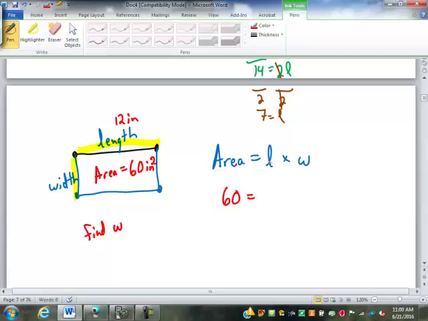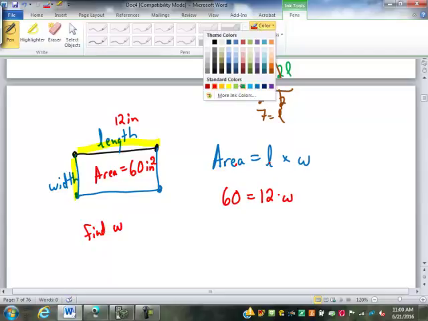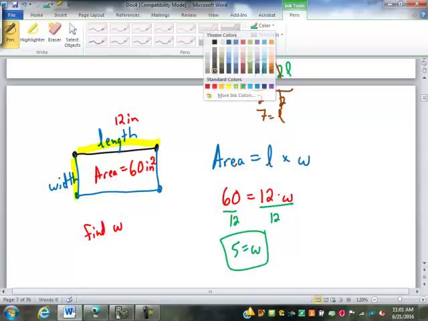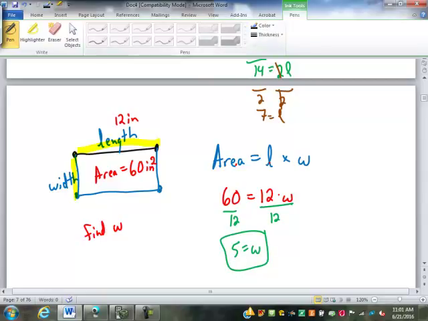I know that L is 12, and I'm looking for W. This equation is a relatively simple one to solve. What do I have to do? Divide by 12. 5 equals W. Any questions?